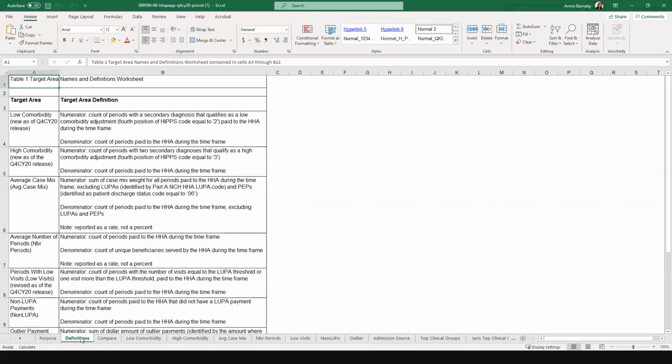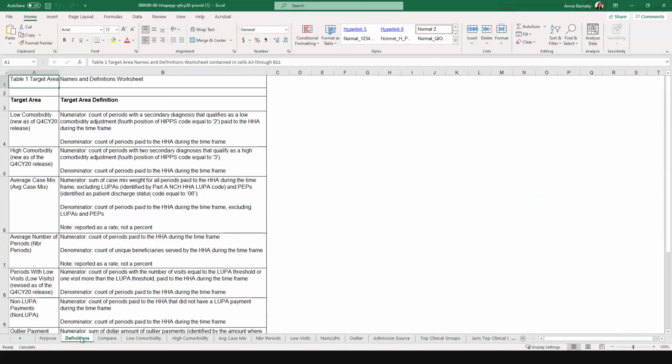And then next to that tab, the second tab is the definitions tab. So as we were clicking through those slides that had information for each of these target areas, we saw the definition and how each of those target areas was calculated.